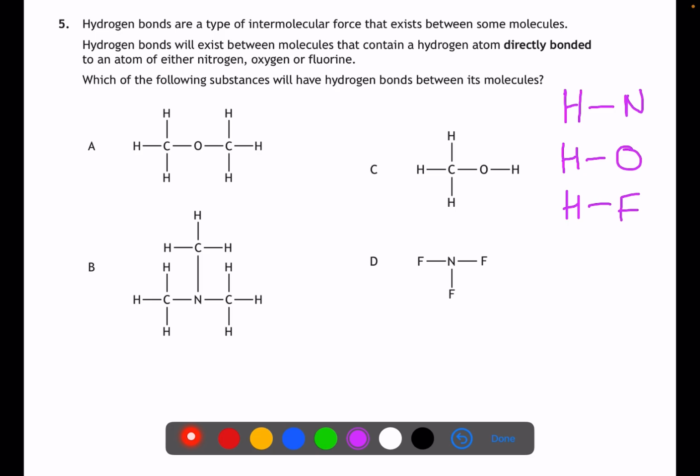If we look at A, we have a CO bond. We don't have any OH bonds. If we look at B, we have an NC bond, but no NH bonds. In C, we have an OH bond, and in D, we have NF bonds. This means C has hydrogen bonds.